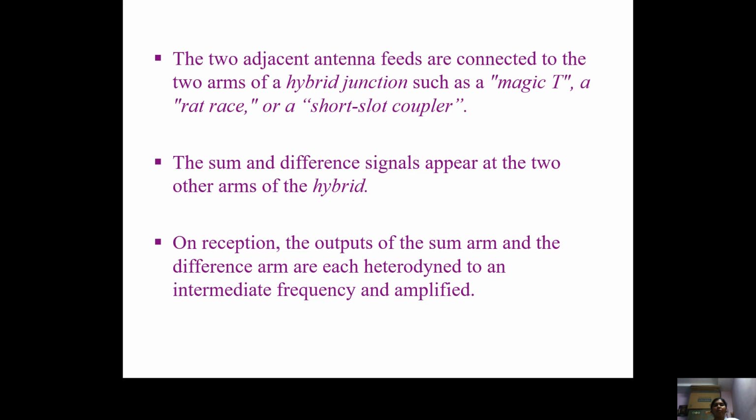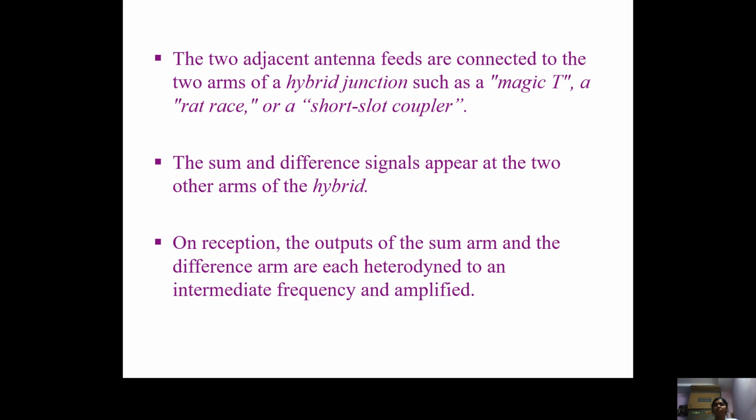On reception, the outputs of the sum arm and the difference arm are each heterodyned to an intermediate frequency and amplified. In the receiver, the receiver has to demodulate the signal, that means it has to separate the carrier from the low frequency video signal.